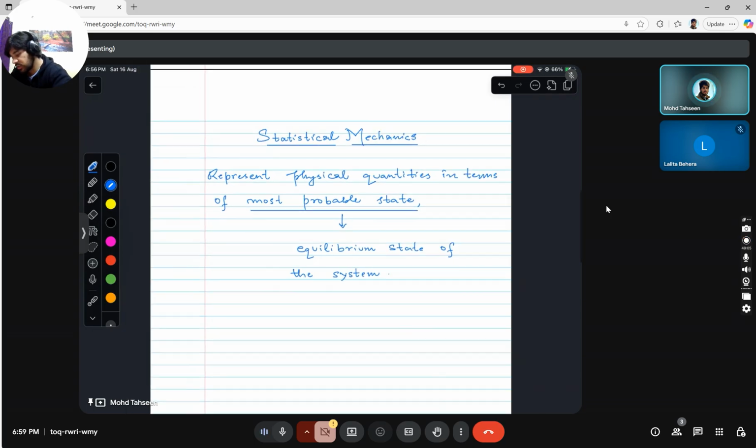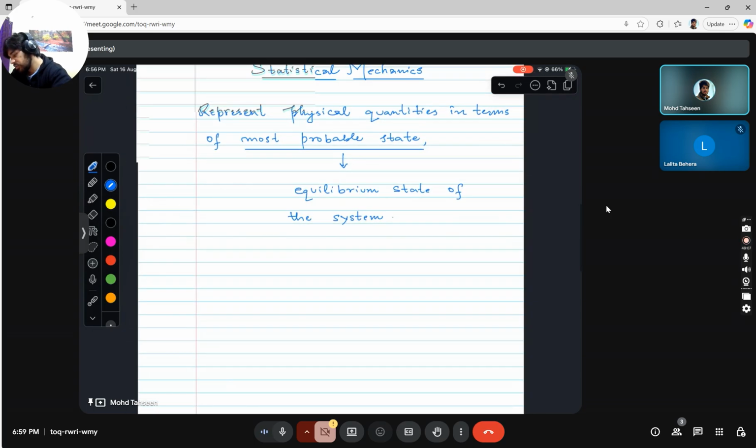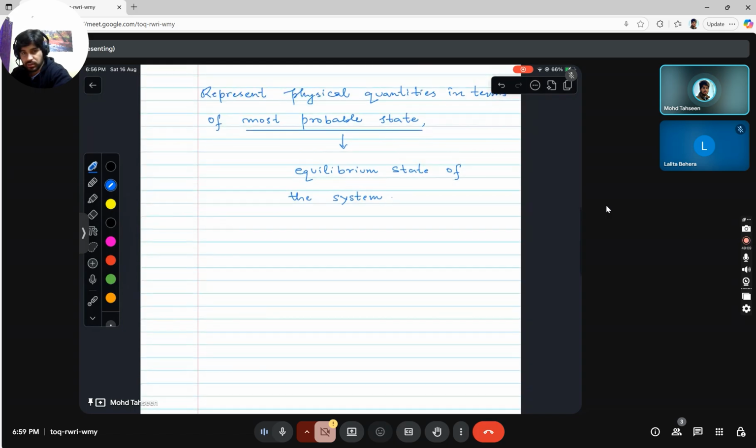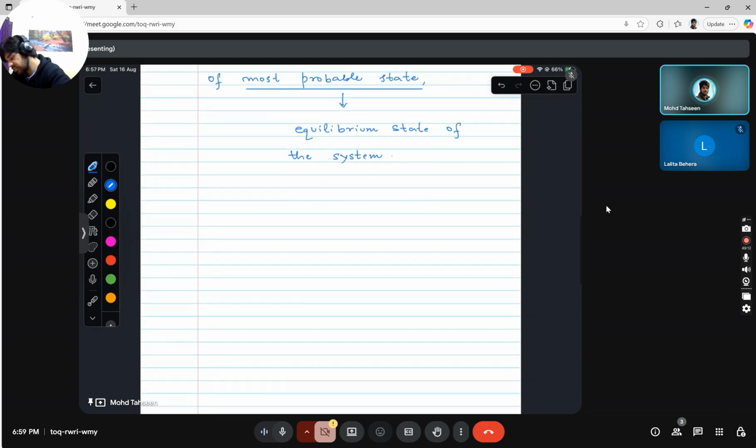Right? So what does this mean? Let's take a very simple example. Let's say that we have a system of two particles.